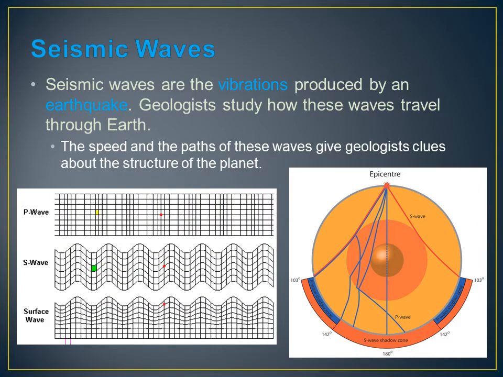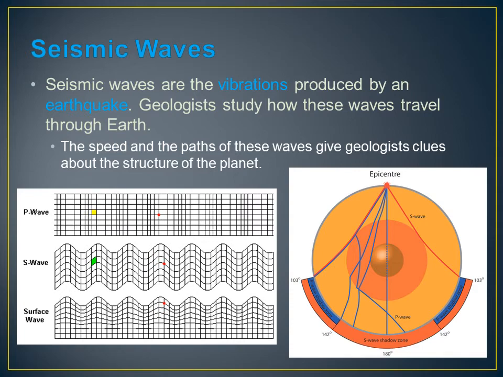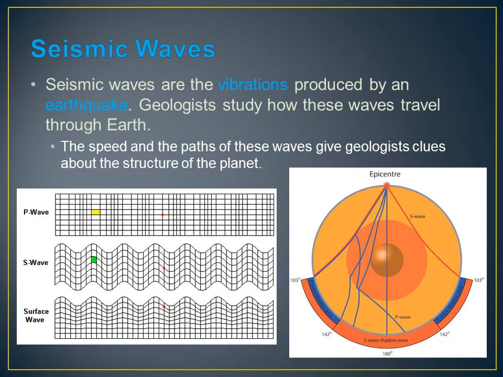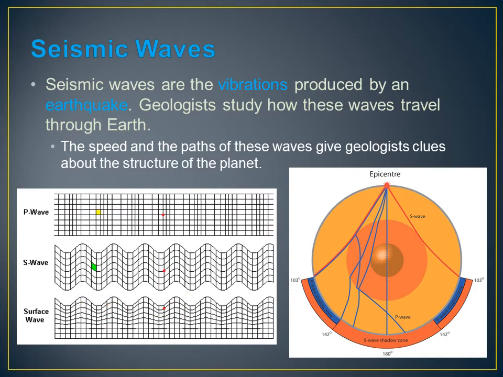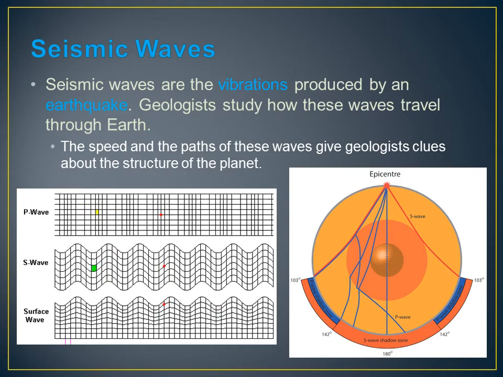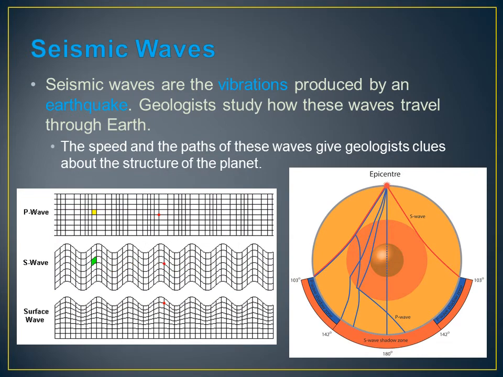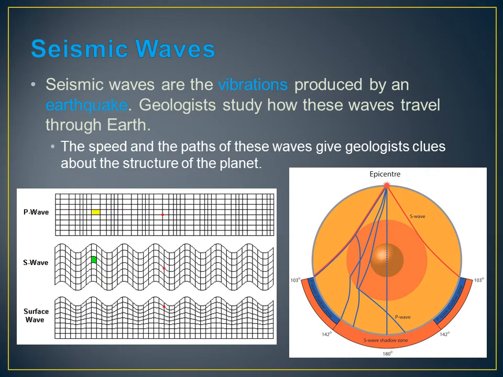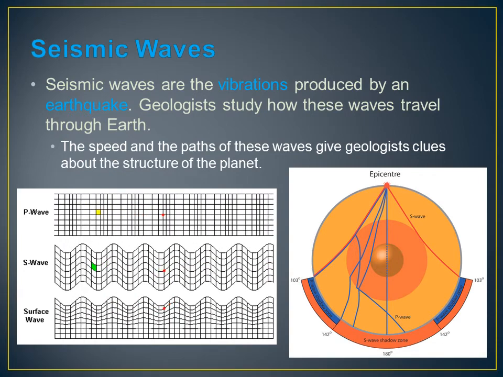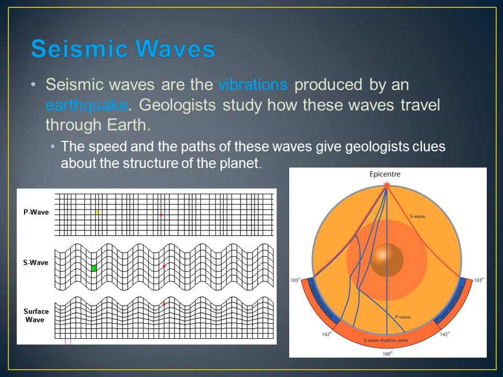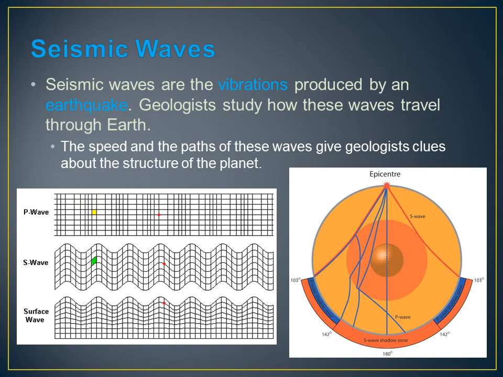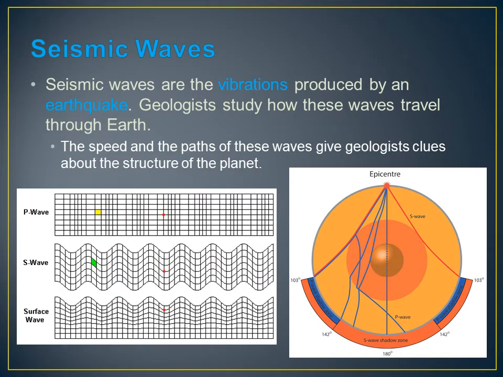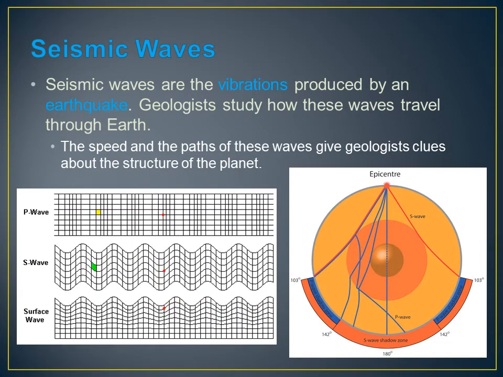So what you see on the left-hand side, a little GIF, are the three types of waves. We've got P waves, S waves, and surface waves. Each of them act differently. And we'll see this later, but you can see just from the little GIF here that each are doing different things to the Earth.